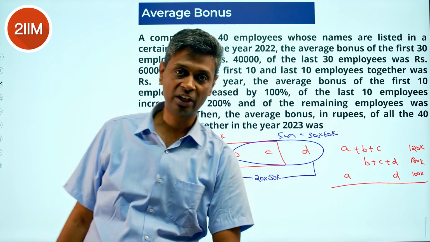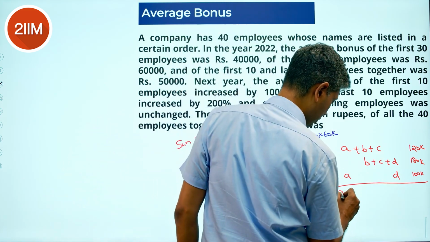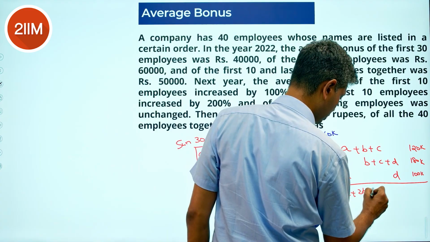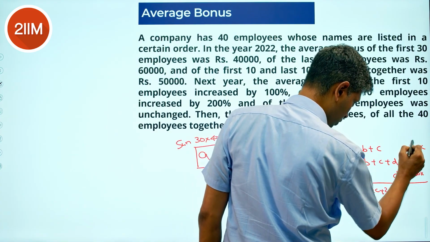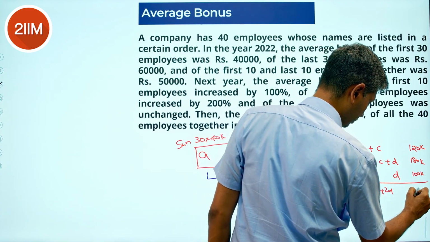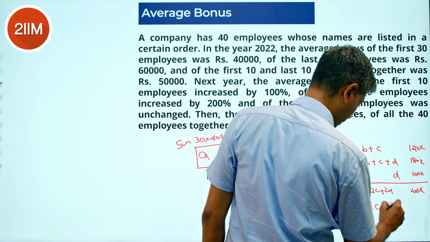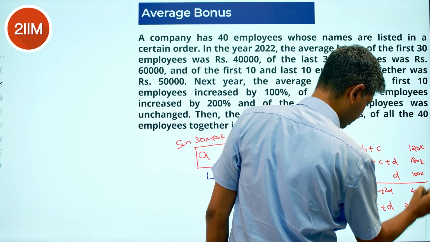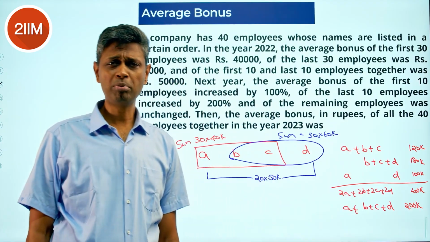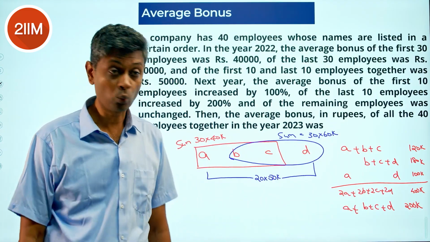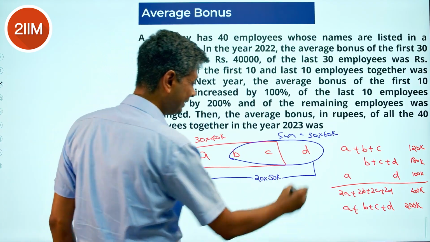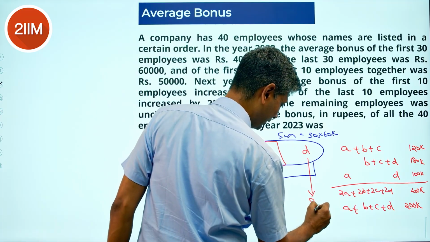So if we add everything up, we've got 2A plus 2B plus 2C plus 2D equals 300 plus 400K, or A plus B plus C plus D is 200k. Brilliant. A plus B plus C is 120k, or D is 80k.